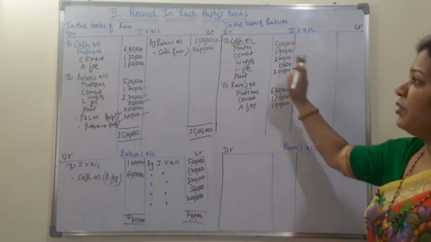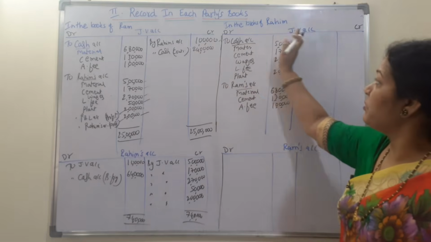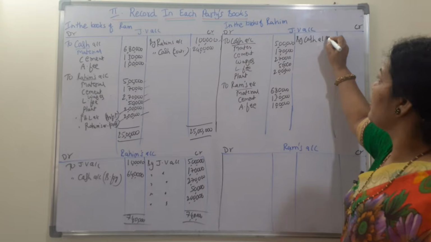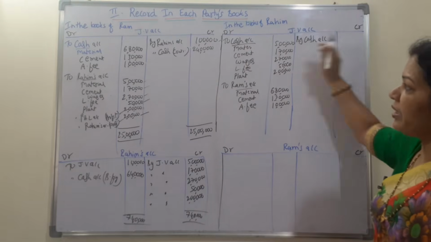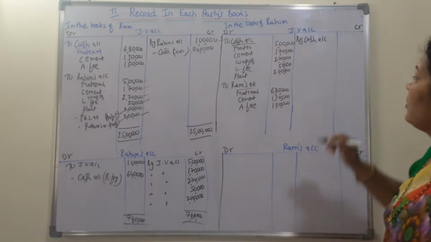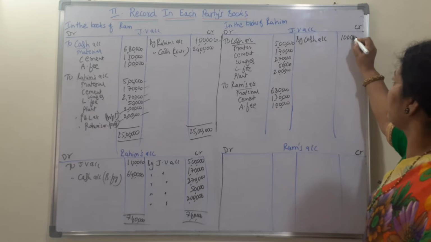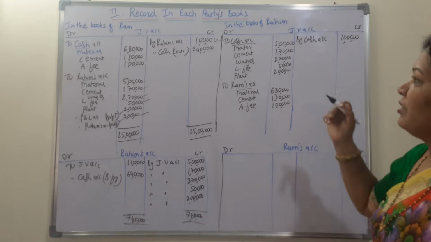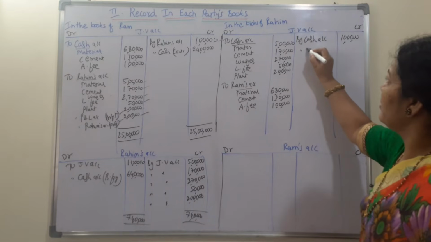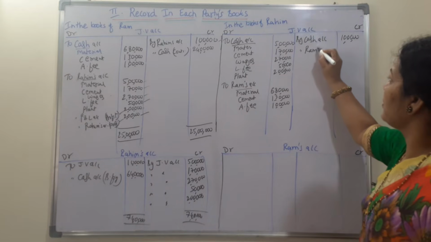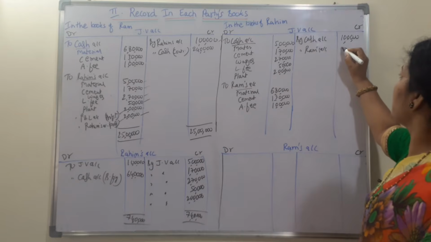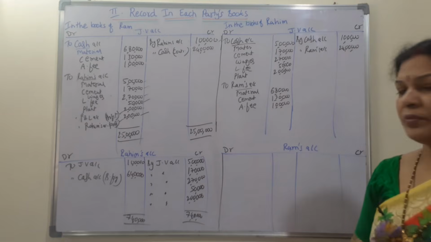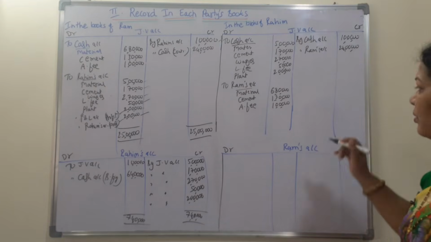Now credit side, one is Ram's account. Ram's account means we'll say by cash. Sorry, Raheem's account means we'll say cash 1 lakh. When cash means this is related to Ram, so we'll say Ram's account 24 lakh. Finish, over. Now closing.